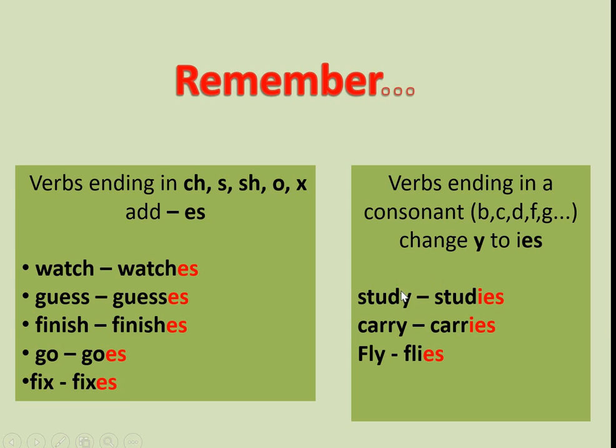So if the verb ends with a consonant, like here we have study, D is a consonant, R is a consonant, L is a consonant, so we change y into ies. If it ends with a vowel, we keep the y as it is.